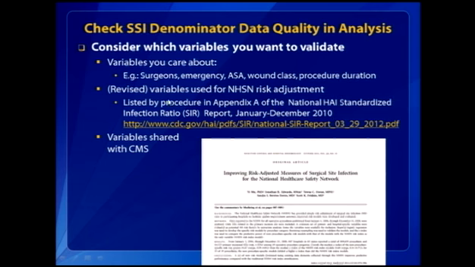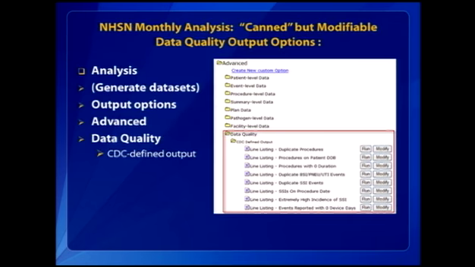And then there are revised variables now that are used for NHSN risk adjustment that are published in the paper illustrated here. And then you might want to look at the variables that are shared with CMS. All of these are available to you if you learn to use NHSN analysis to do periodic data quality evaluations.